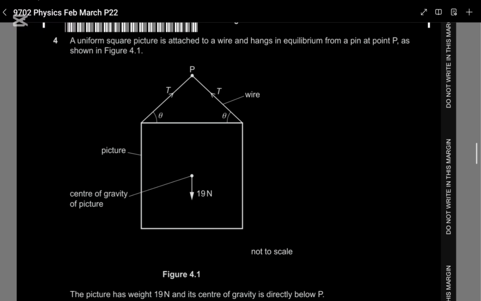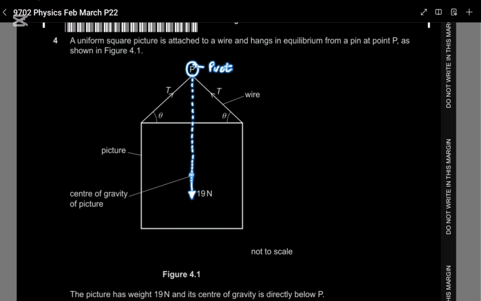Let's look at the diagram now. This is the weight acting downwards. This is the center of gravity, and P is the pivot. If you draw the line of action of the force, it passes through P, which is the pivot.